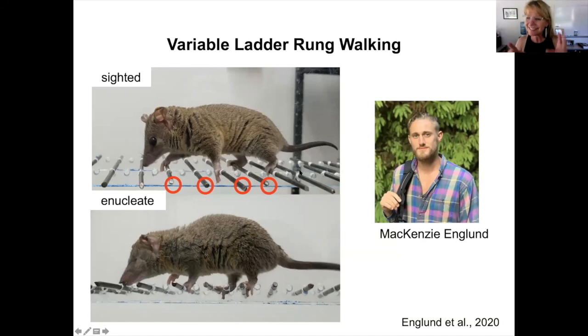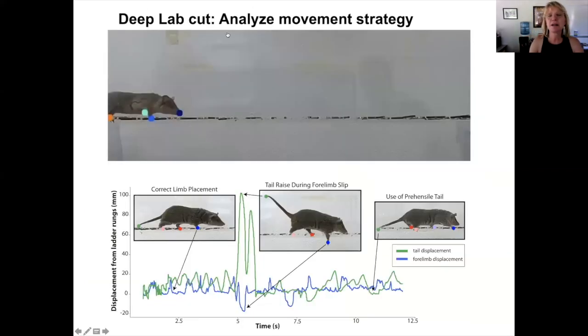And what's nice is this is a naturalistic task. Then what you do is once they're doing that, you randomly change the distance between the rungs so that now it's not equidistant. It's a wider distance and shorter distance and wider and shorter and so on. And they don't have any practice with that. And so what's really cool is we're using DeepLabCut, which is a great method.